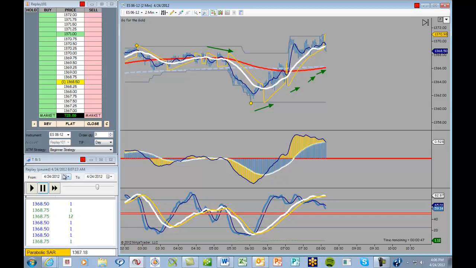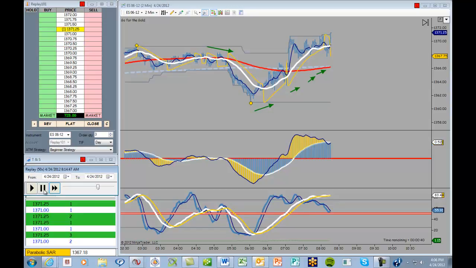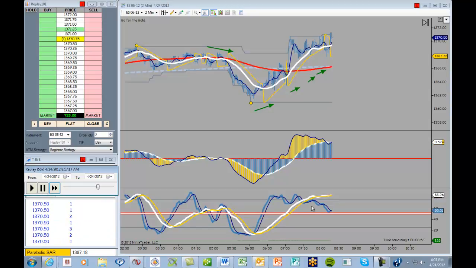This could waver a little bit, so I'm going to hang on for just a few more seconds and see. We want this to be, oh yeah. See, it's really not until the faster stochastic dips below the midpoint there that we have a true shot at things.